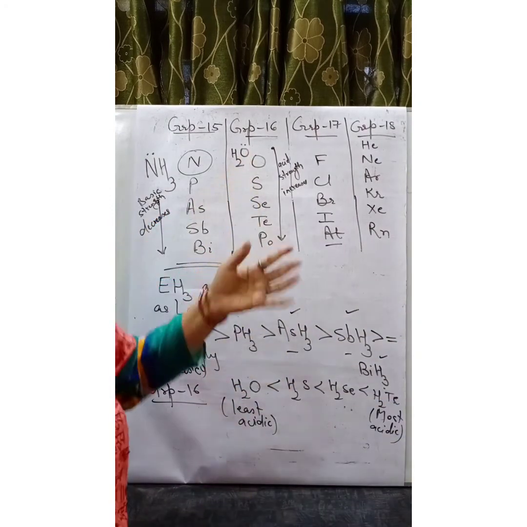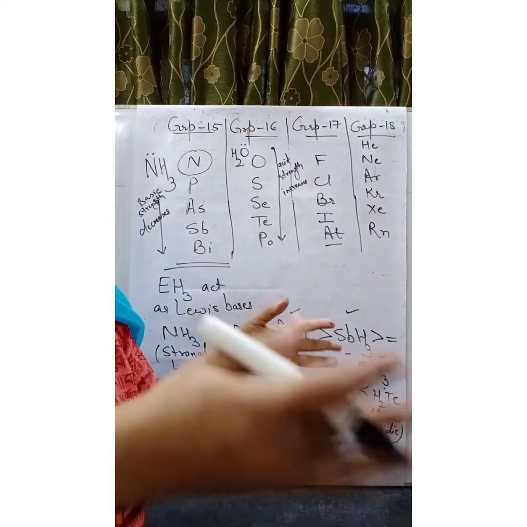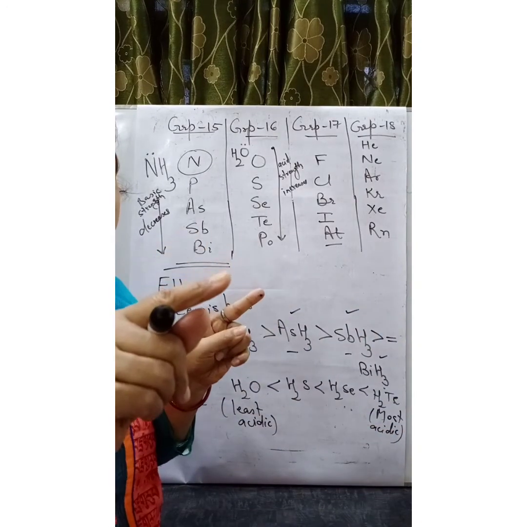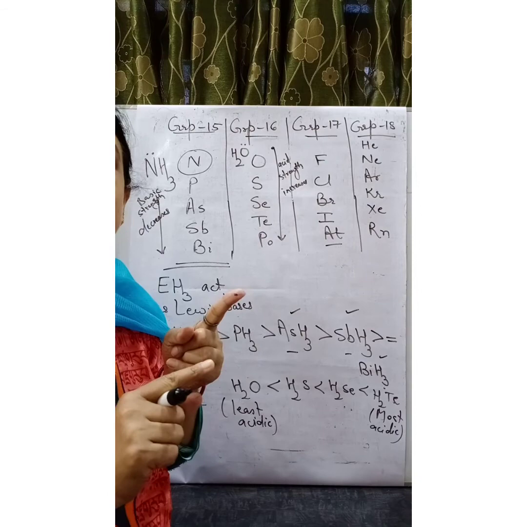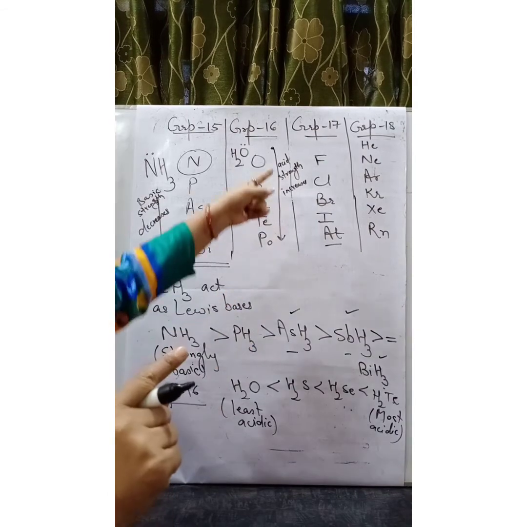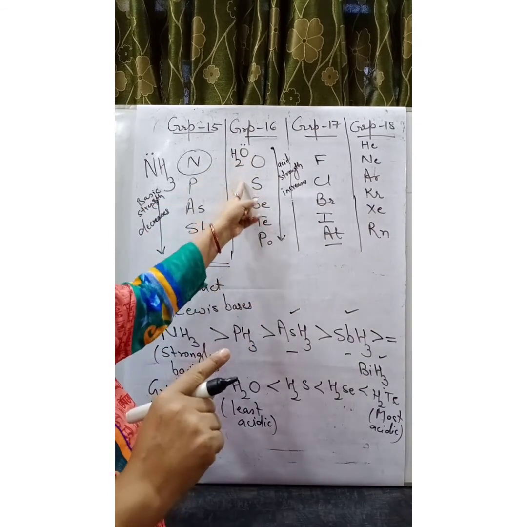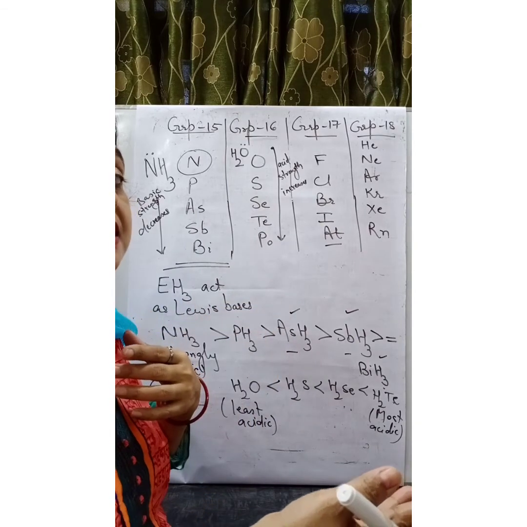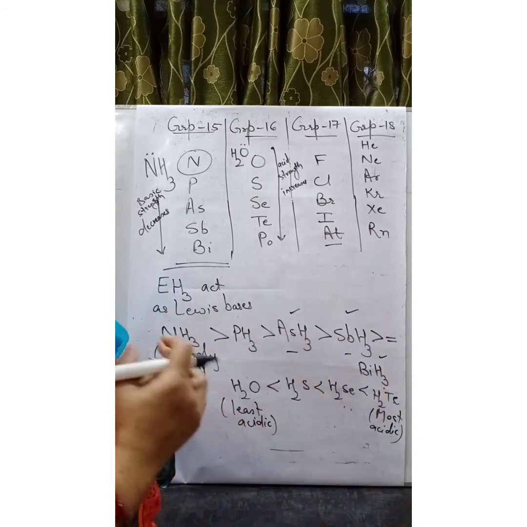Now here, as we are moving down, atomic size is increasing, right? Bond length is increasing, bond dissociation enthalpy is decreasing. So as we are moving down, the bond can be broken very easily, and if the bond can be broken very easily, they can readily lose H plus ions.